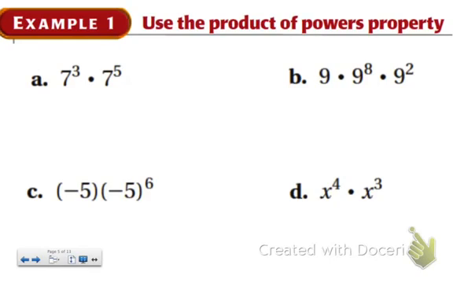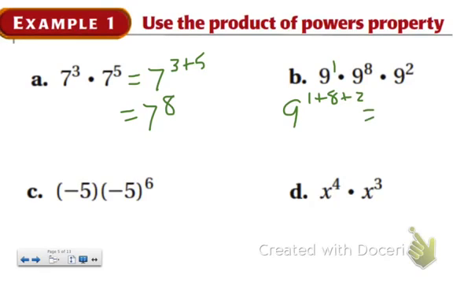Alright, so some examples. 7 cubed times 7 to the 5th. So we're just going to add 3 plus 5, so that's 7 to the 8th. Over here, letter B, the one thing you have to remember is if the exponent's not written, that means that it's just to the first power. So we're going to have 9 to the 1 plus 8 plus 2.